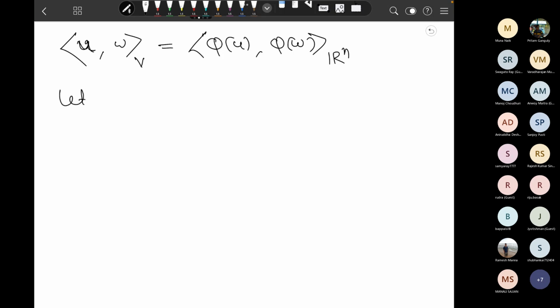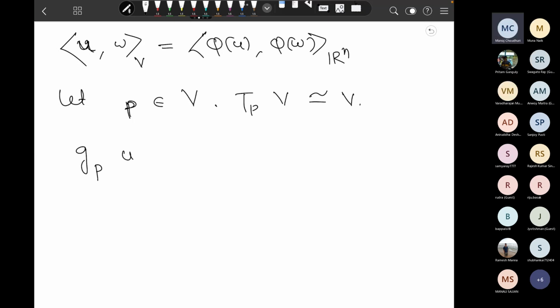Let p belong to V. Then we know that TpV can be identified with V. Now the question was asked last time: we define an inner product, a Riemannian metric, on this thing, g p. What is this one, Muna? So the inner product of u and w at p is equal to the inner product of phi u and phi w in Rn. How do you get this one?